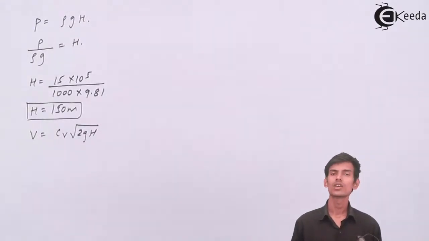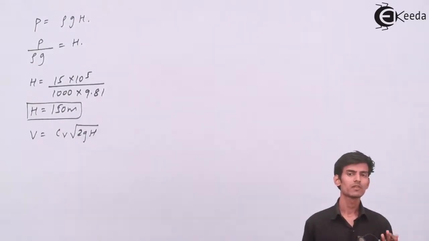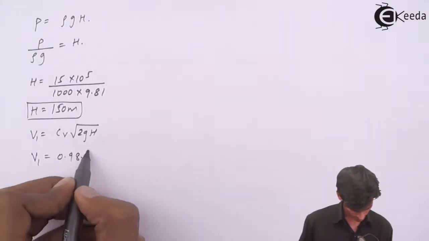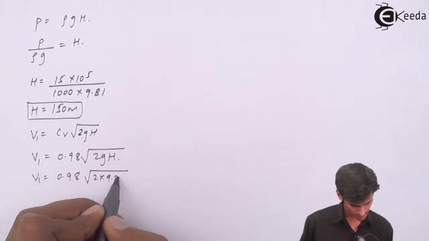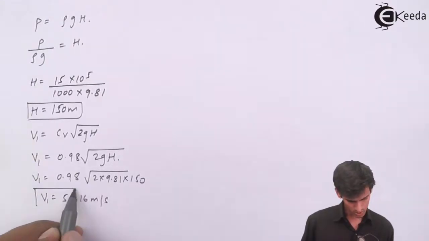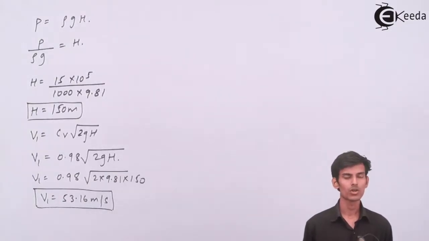So root 2gH gives you the theoretical velocity, and if you multiply the theoretical velocity with CV, you will get the actual velocity. That is why the CV value is given. So V1 is the absolute velocity of the jet at the inlet, which comes out to 53.16.